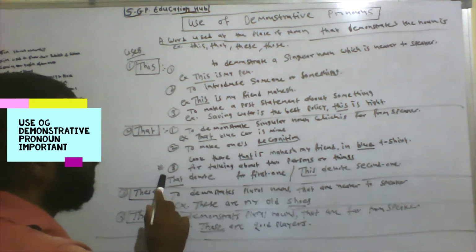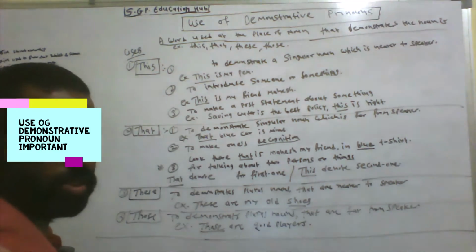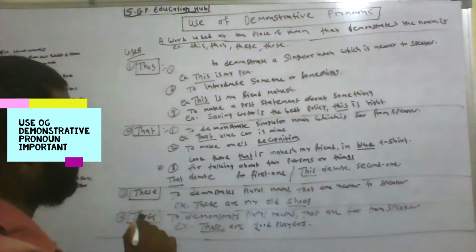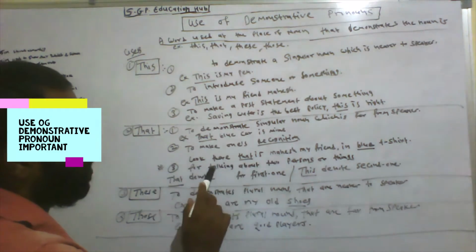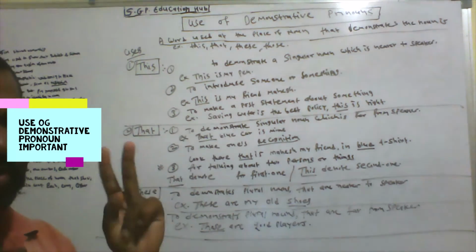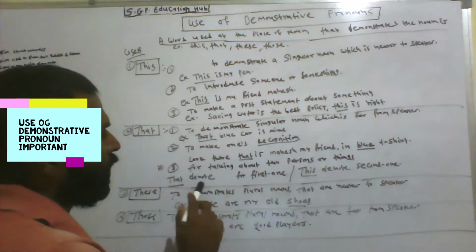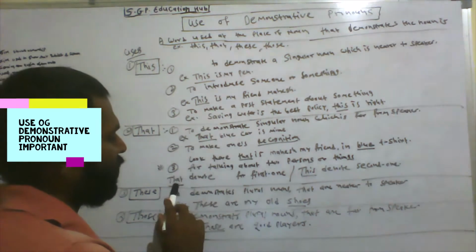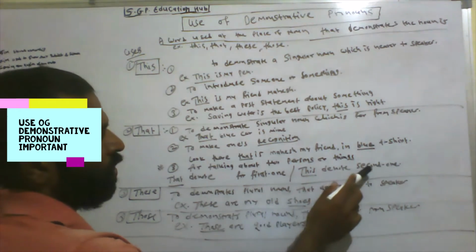Third is for this and that together, for talking about two persons or two things. We can use that to denote the first person, and this to denote the second person.